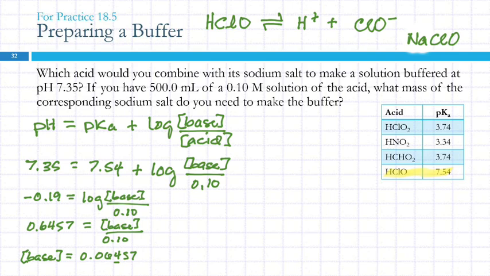Okay, so this is the molarity we need, moles per liter, and we're given a volume, so we know what the volume of the solution is, and we know the formula for the sodium salt that we're adding. So we're using this number and this number, and we can think of this as dimensional analysis.